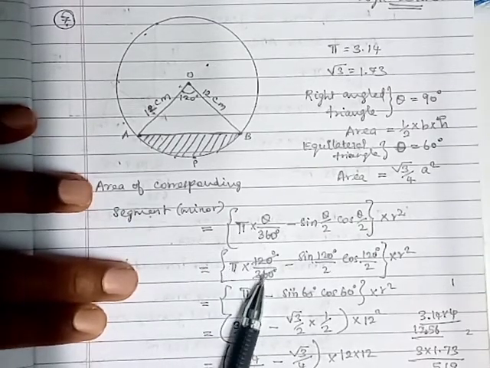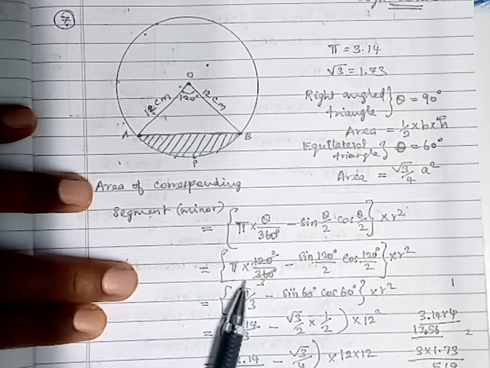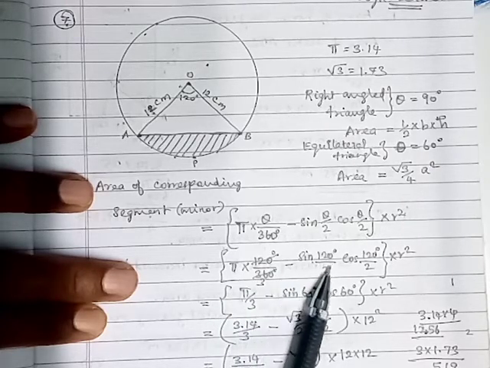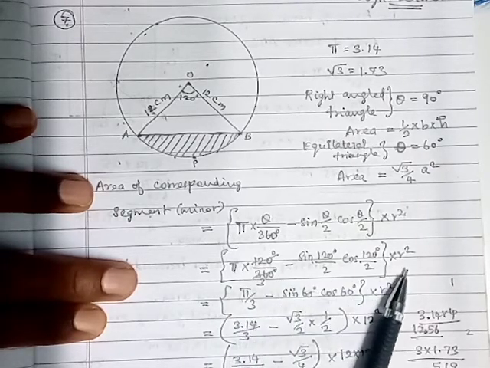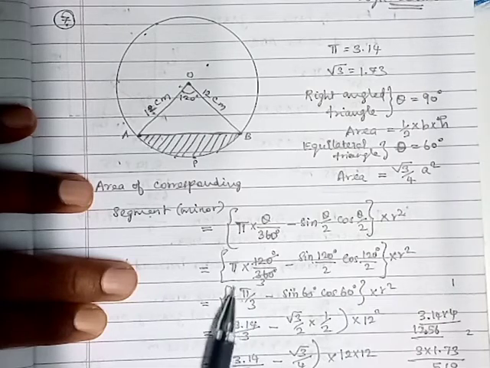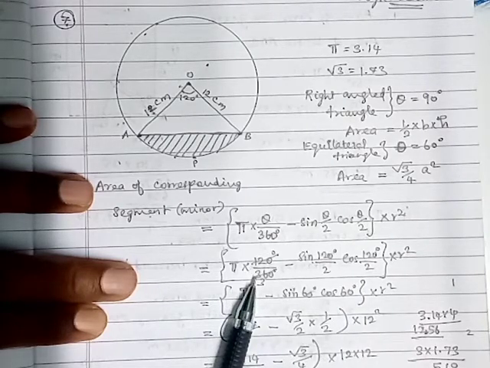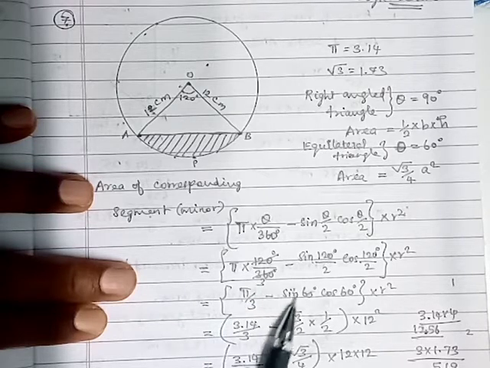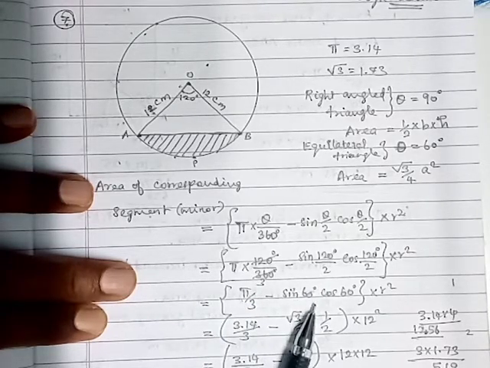We are just going to put the values. Theta value is 120, so 120 by 360 pi minus sin 120 by 2 cos 120 by 2 into r square. 120 by 360, you can cancel the zeros, 3 twelves are 36, so it is 1 by 3, that is pi by 3. Here sin 120 by 2 is sin 60, cos 120 by 2 is cos 60.